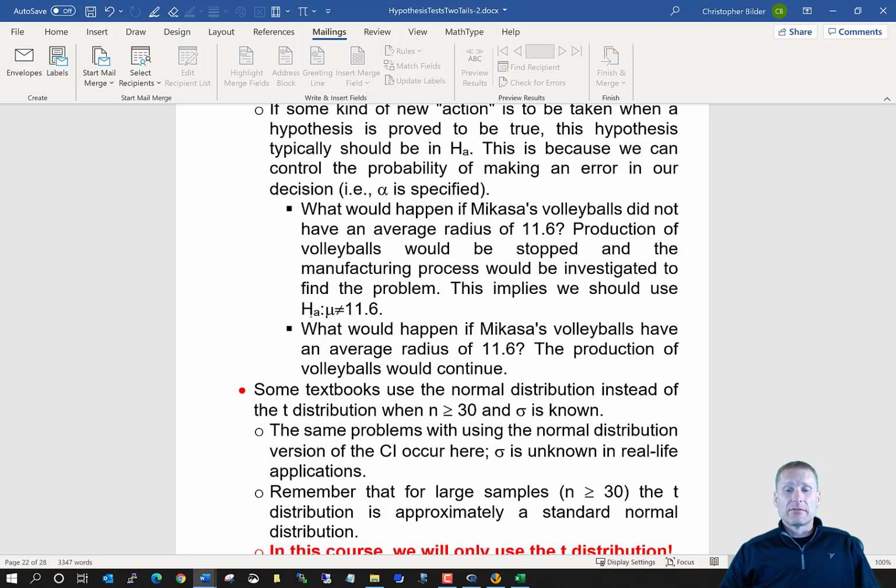That's the action. What would happen if Mikasa's volleyballs have an average radius of 11.6? Well, the production of the volleyballs will continue. And so that's how you can think of what goes in the null hypothesis, what goes in the alternative hypothesis. Think of it in terms of the action. I also gave you another example earlier with respect to where your research hypothesis goes.